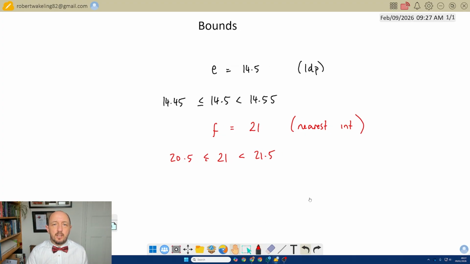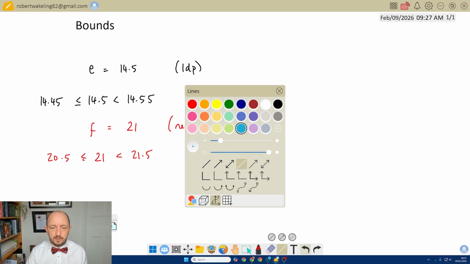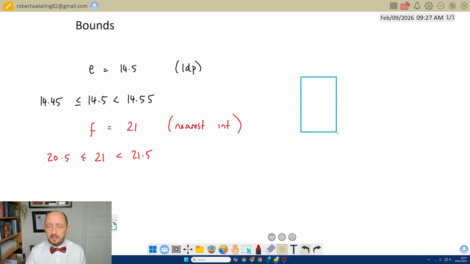Okay, so let's have a look at an example of a calculation you might see with this. It could be in a picture form, or it could just be in a written form, something like C equals EF. I might make the C just an A to highlight this a little bit better.